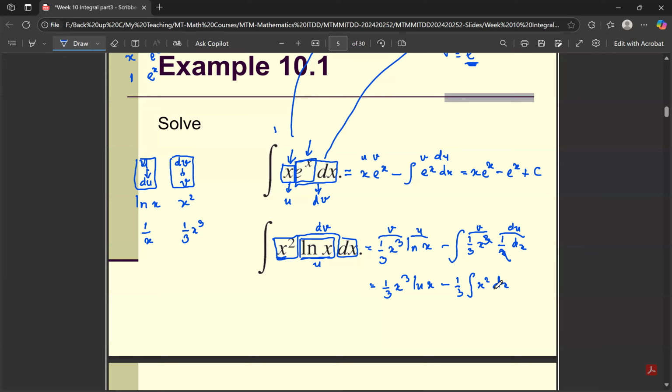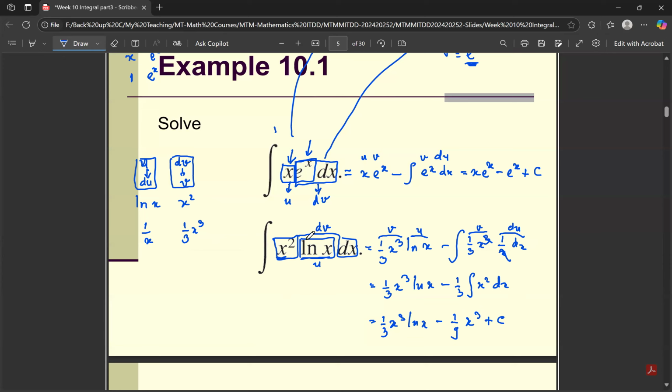So we need to integrate it. We have then 1 over 3 x cubed ln x minus 1 over 3 times 1 over 3 x cubed. From the integral, we have 1 over 9 x cubed, and the last must be added by c.